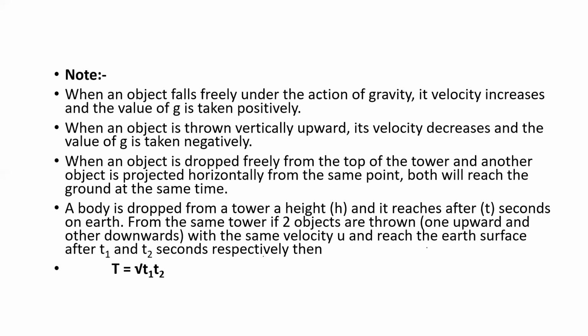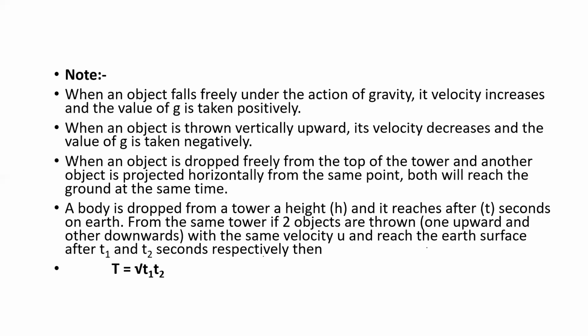So students, these are the synopsis part from the motion in a straight line chapter. That is what all we discussed: what is motion, types of motion, the terms related to motion, the difference between distance and displacement, scalar quantity, vector quantity, velocity and speed, then the types of velocity and types of speed.